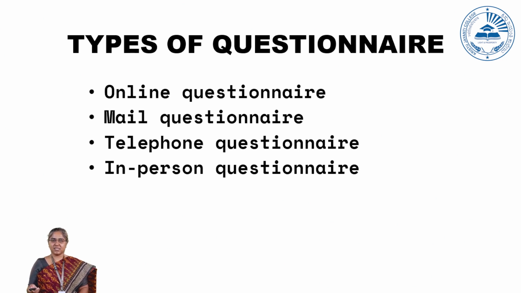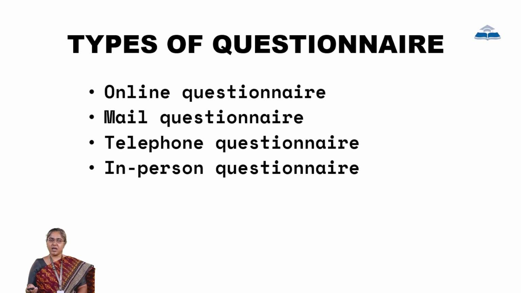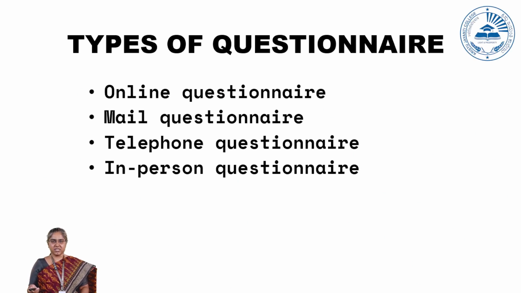So that's telephone questionnaire. The last is in-person questionnaire, where you meet the respondent in person and get their answers for all the questions that you have designed in your questionnaire. So these are the 4 types of questionnaire: online questionnaire, mail questionnaire, telephone questionnaire, and in-person questionnaire.